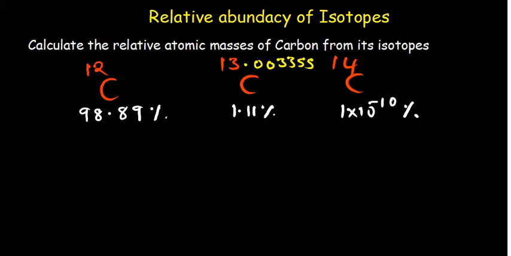So when you look at the periodic table, we can't show all the isotopes because we're just going to have too many, because many elements have isotopes. So we use what we call the relative atomic mass, which is derived from the isotopes given the abundance and the atomic masses.